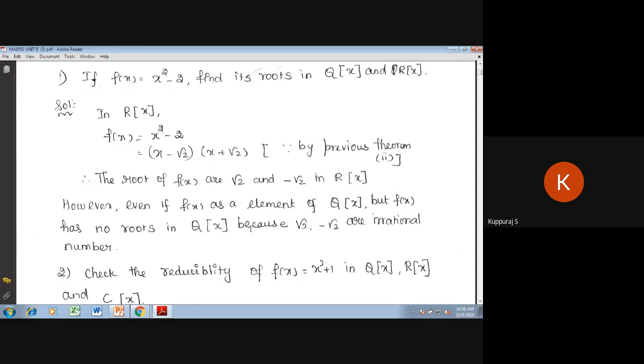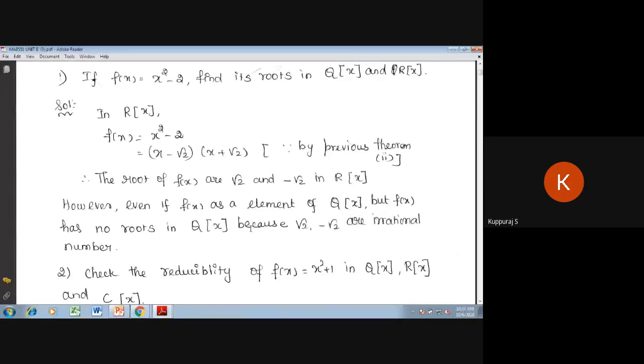Okay, the roots plus or minus root 2 belong to the set of all real numbers. So the roots of f of x are in the real polynomial ring R of x. But plus or minus square root of 2 are irrational numbers, which do not belong to the set of all rationals.